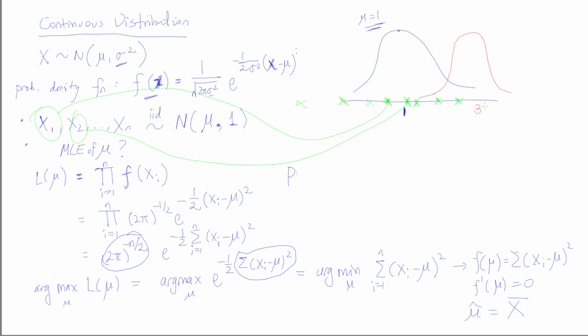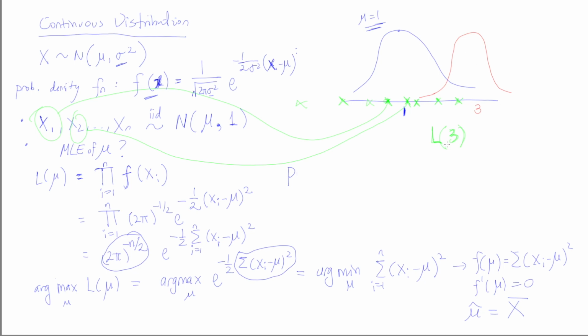Okay? Now, if I compute the likelihood L under the value 3, okay, hopefully you should see that, if I try to assume that the red distribution is my actual model, it should give me a worse score, right? A worse value than choosing the blue.